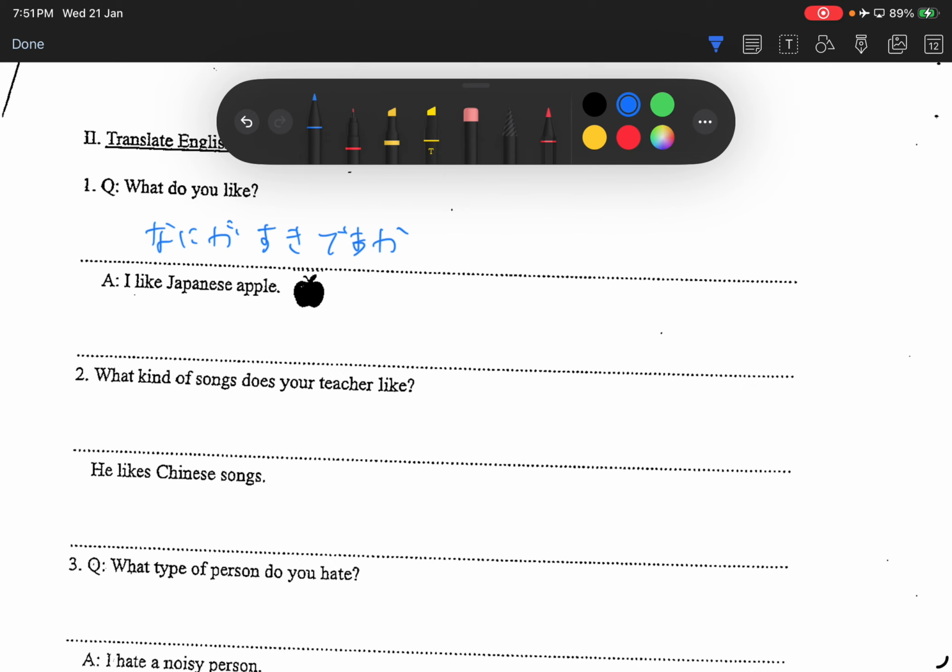That means your teacher likes who. Serene is right, donna. Donna means what kind. So donna uta, what kind of song. Donna uta ga suki desu ka?